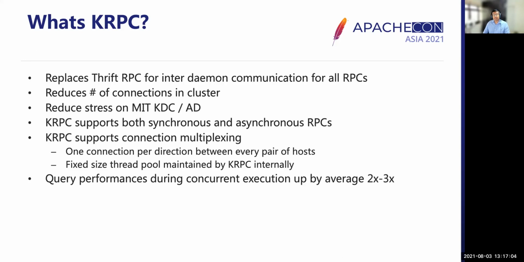KRPC supports connection multiplexing, which is important because in the past, for each query, Impala daemons used to create a new connection to other Impala daemons, and that used to cause a lot of connections on the cluster. By implementing KRPC, on average, we have seen performance improvements of 2x or 3x on the conservative side. On the aggressive side, we have seen improvements as good as 5x to 10x.